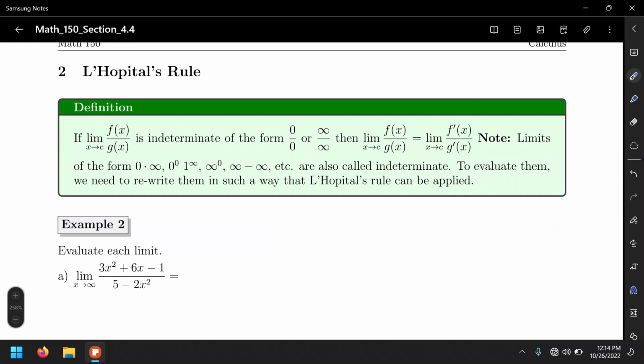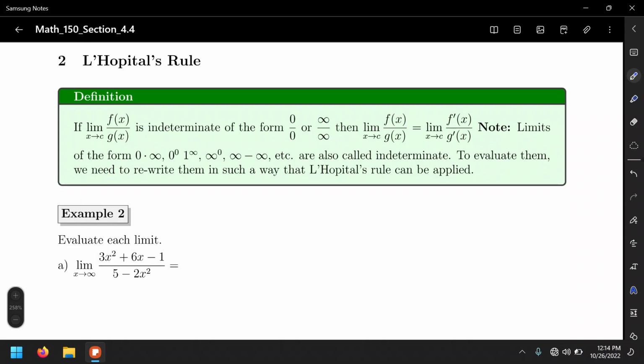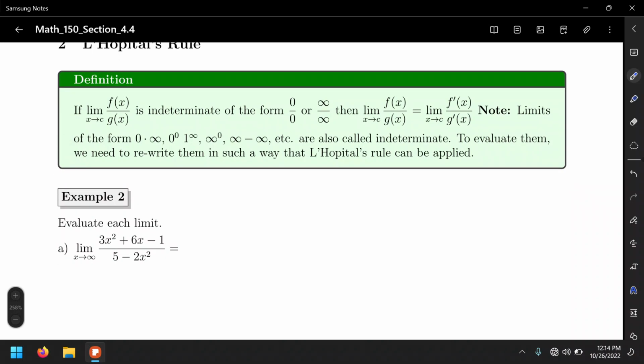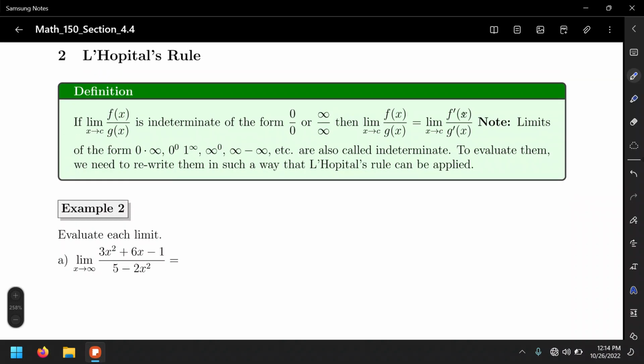The L'Hopital's rule is for a limit of the form f of x over g of x, whatever you have in the numerator, whatever you have in the denominator, it doesn't have to be polynomial over polynomial. In fact, we're going to get a lot of weird stuff in this case. So if that limit is indeterminate, that is, we get either the 0 over 0 form or the infinity over infinity form, we can use the L'Hopital's rule, which is take the derivative of the numerator and take the derivative of the denominator.